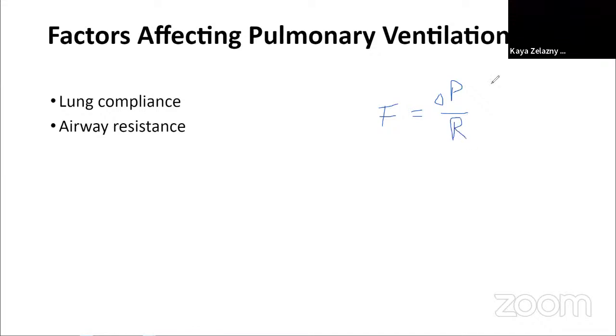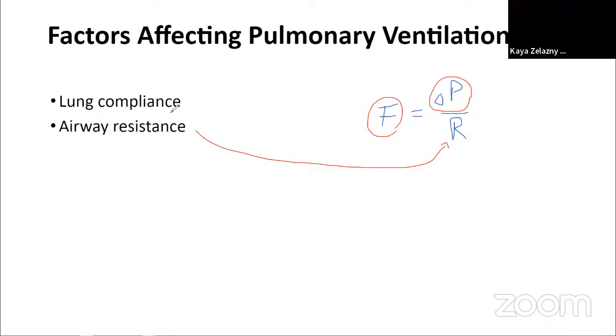So all we've been talking about so far is pressure differences and whether that directs flow in or out of the lungs. But now we're going to think about resistance, so how we can control how fast that flow is going, for example. We're also going to be thinking about compliance, which also has to do with the relationship between pressure and volume.